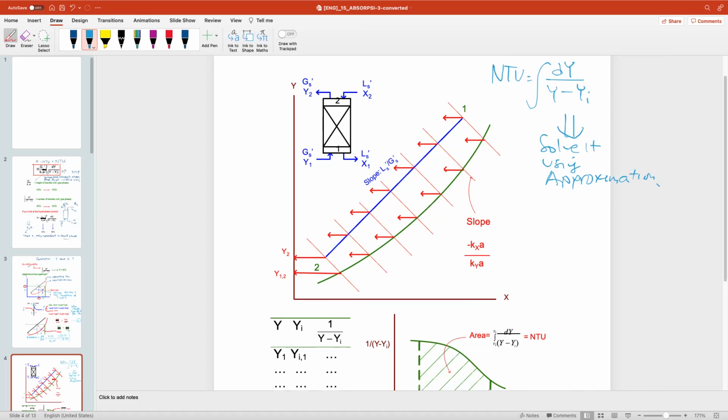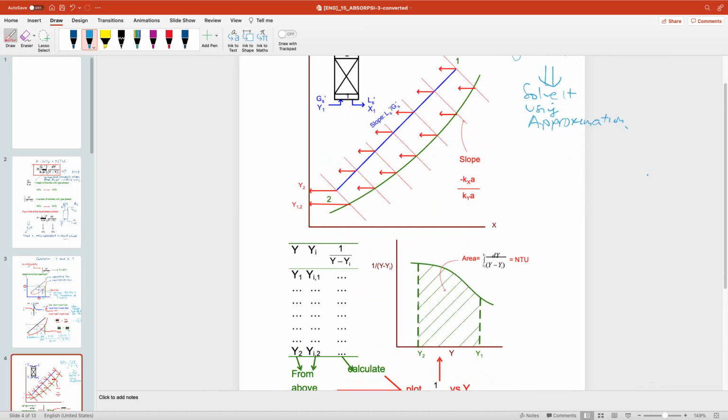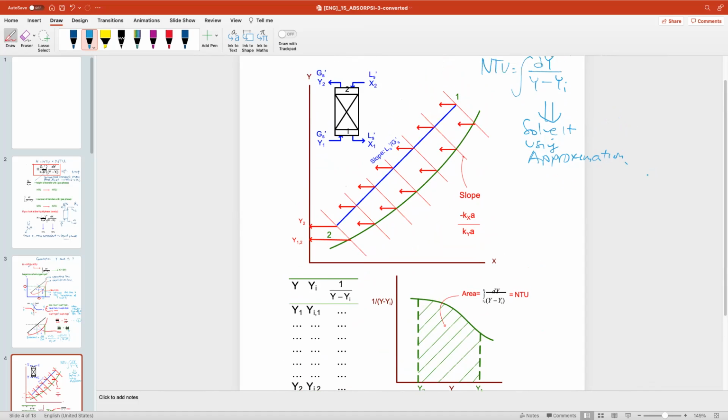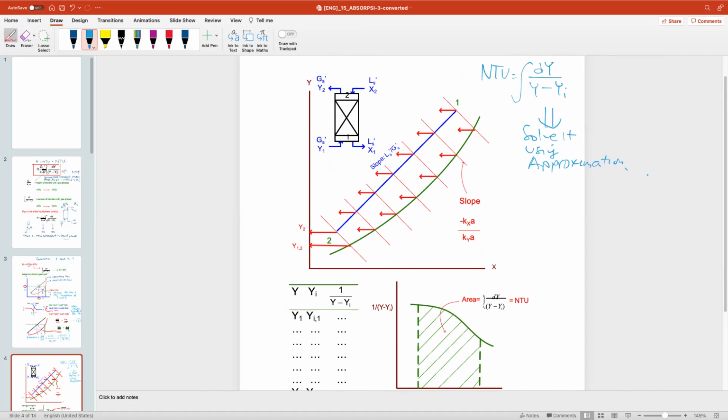Have you ever heard about the Trapezium Rule? Who knows about the Trapezium Rule or Simpson's Rule? Anyone? Have you heard about that? Maybe just the trapezium rule. Yeah.